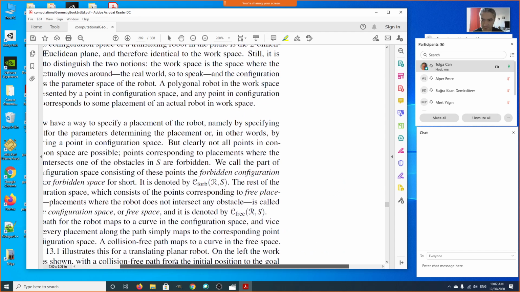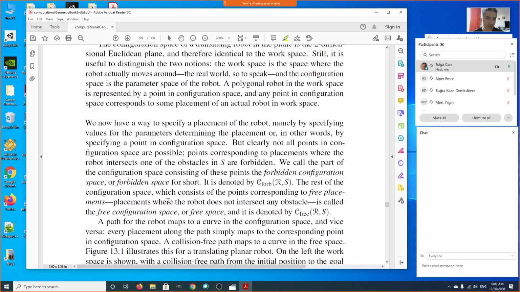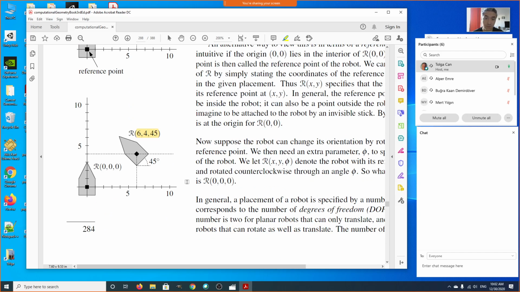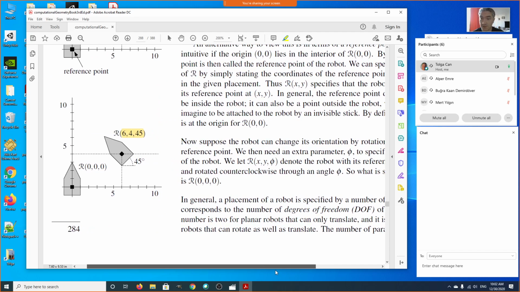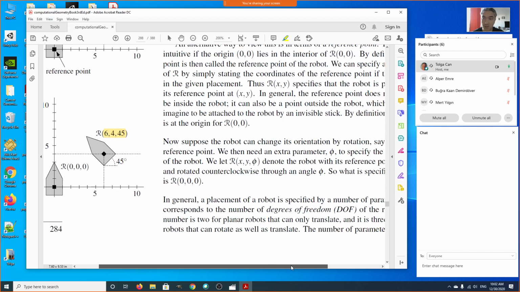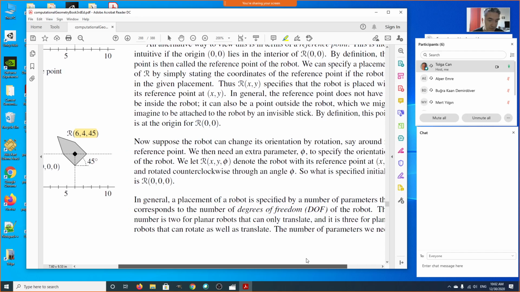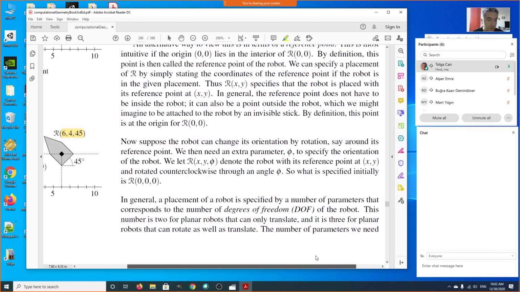Now let's see if I'm missing anything. By the way, if you have any questions at any time, please feel free to stop me, or if you have any comments, things to add. If you have taken a robotics course, it would be good if you figure out certain differences between this course and the robotics course.